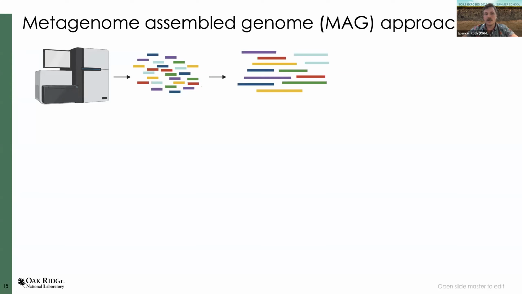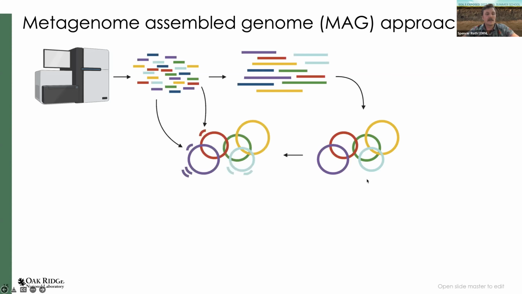After quality control checks, we can assemble them with assembly algorithms to generate longer contigs, and then we can use binning algorithms to bin DNA sequences from these contigs that come from the same microbial genomes. So after some further quality control steps, we can generate a data set of MAGs, or metagenome assembled genomes, that represent complete or nearly complete individual microbial genomes coming from our soil samples.